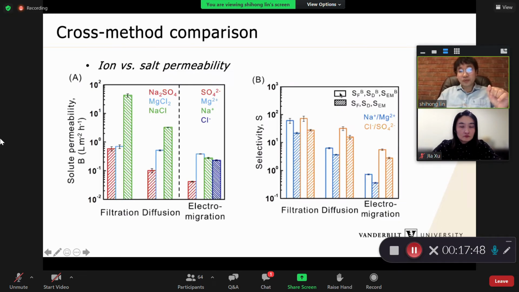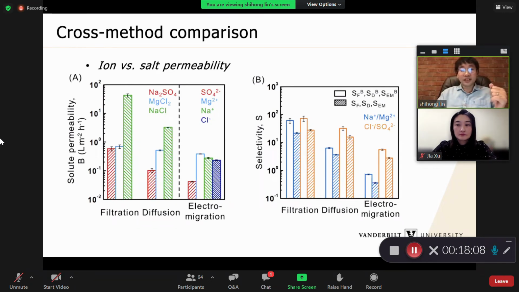So here, the open or empty bars are for the intrinsic selectivity based on the permeability through the active layer, while the dashed bars are for the apparent selectivity, basically without correcting for concentration polarization.